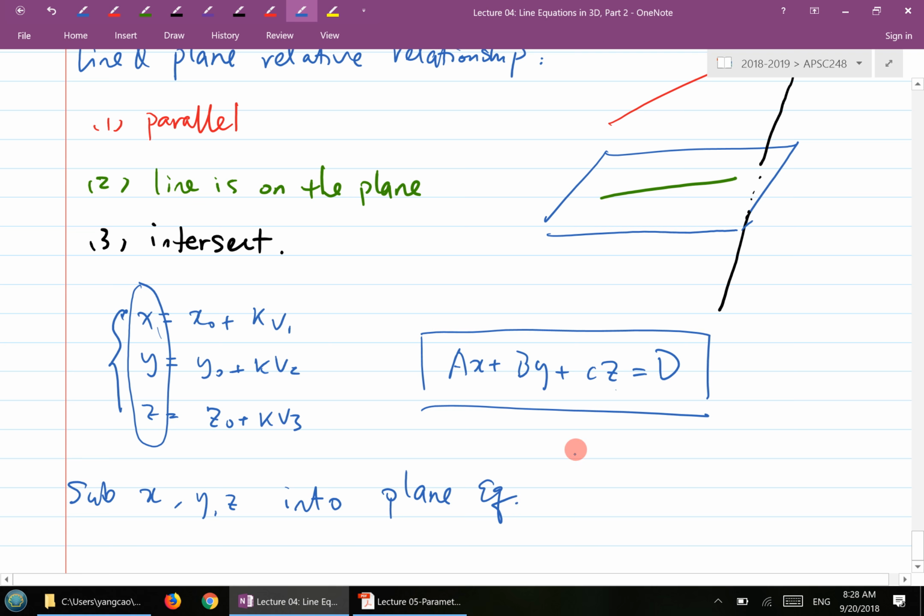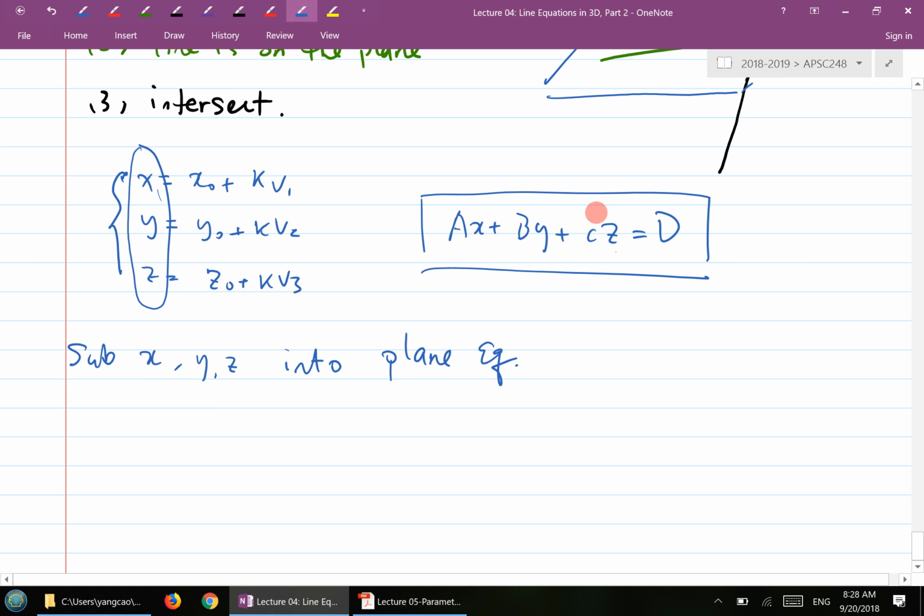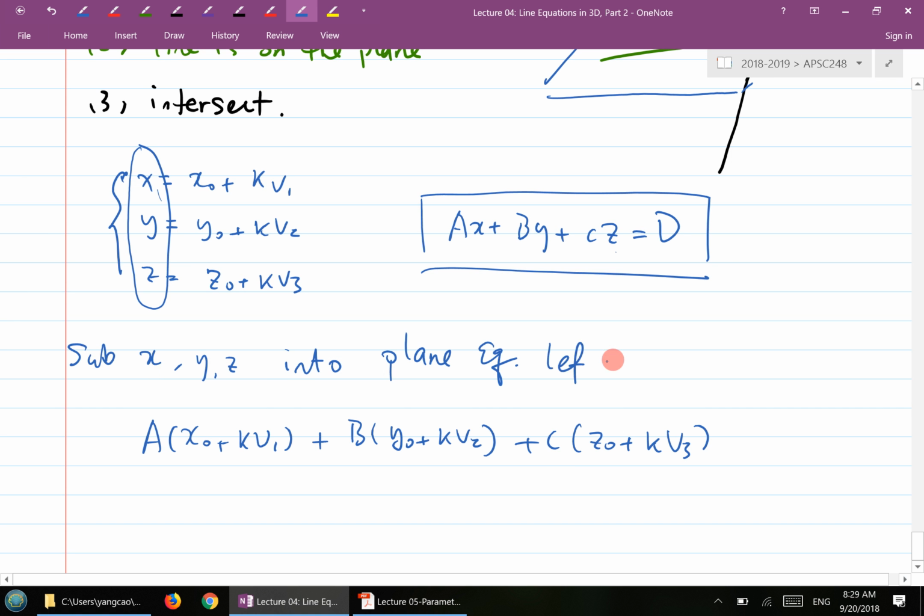Once you substitute, you get a times (x naught plus kv1), plus b times (y naught plus kv2), and then plus c times (z naught plus kv3). More precisely, I should substitute x, y, z into the left side of the plane equation.